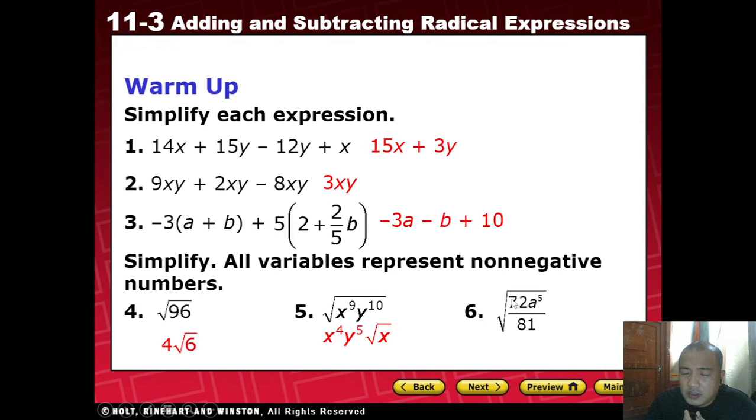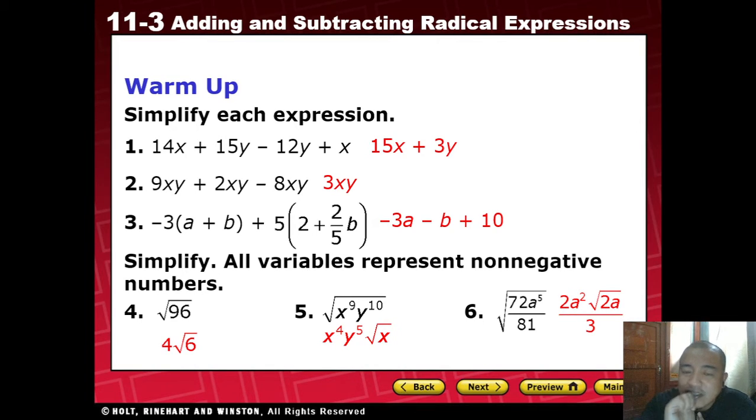And in this one, let us first simplify the denominator. Square root of 81 is 9. Then 72 can be factored: 36 times 2. Also with a to the 5th power, a to the 4th times a. So we have 6a squared square root of 2a over 9, which is 2a squared square root of 2a over 3.